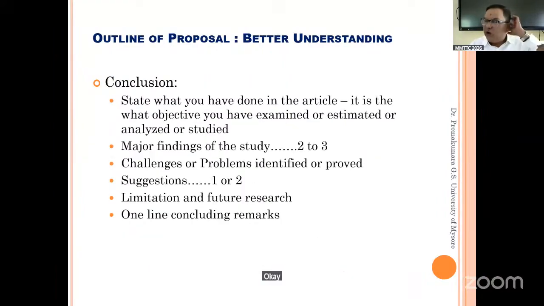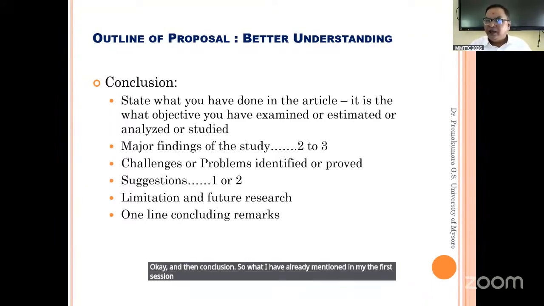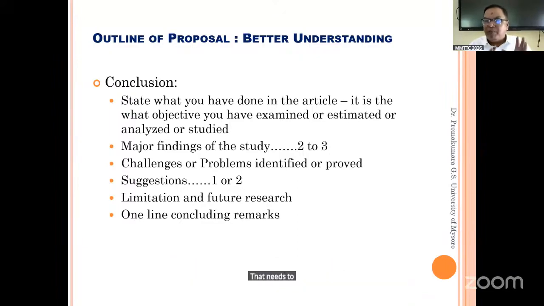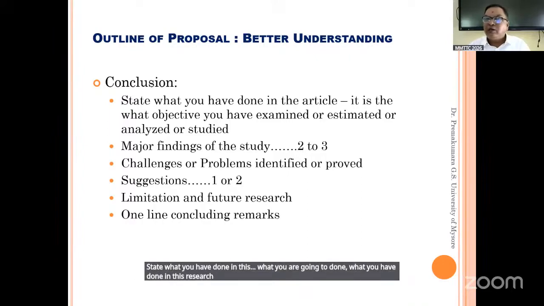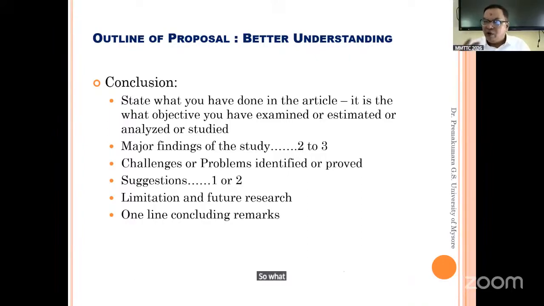Okay, and then conclusion. What I have already mentioned in the first session needs to be summarized and put in the form of a conclusion. State what you have done in this research work, what objectives you have examined, and what the major findings are. Only two or three, as you have already given a lot of findings in the subsections.